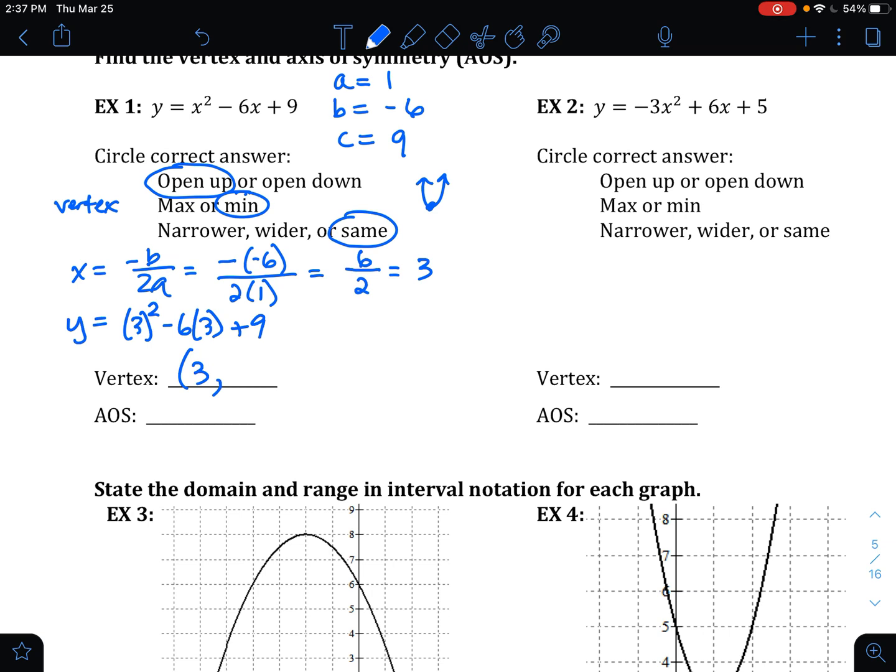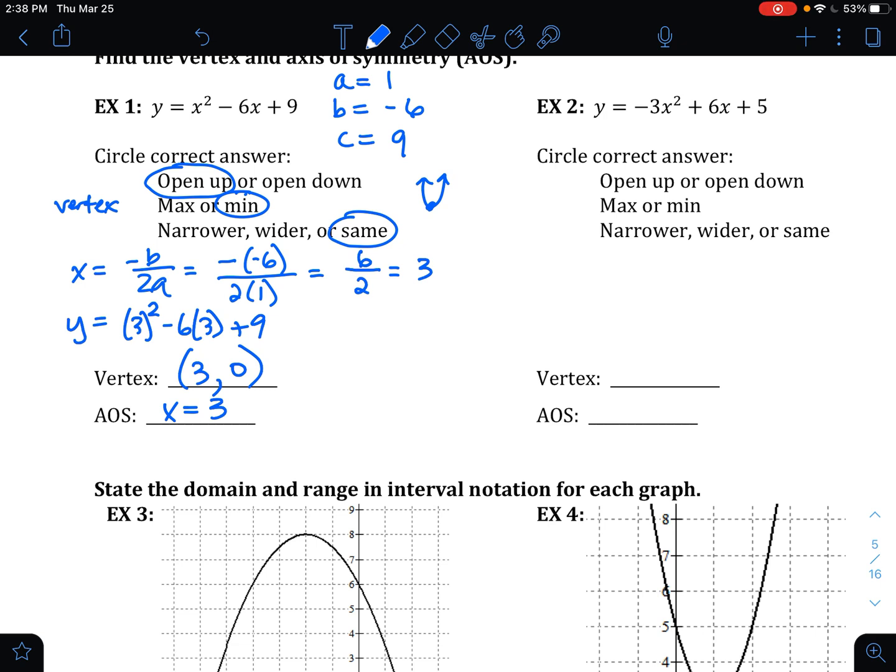We actually end up getting 0, which is fine. So I end up with 0 for the y coordinate, and my vertex is 3, 0. Now remember, your axis of symmetry is always x equals a number, and the number is whatever the x value in your vertex is. So our axis of symmetry is x equals 3.